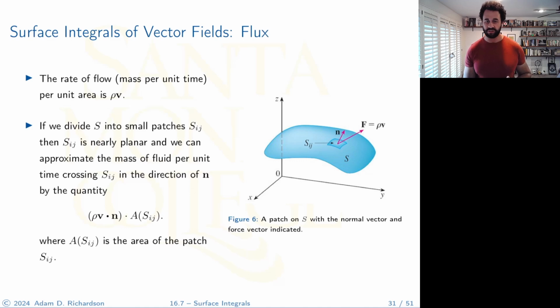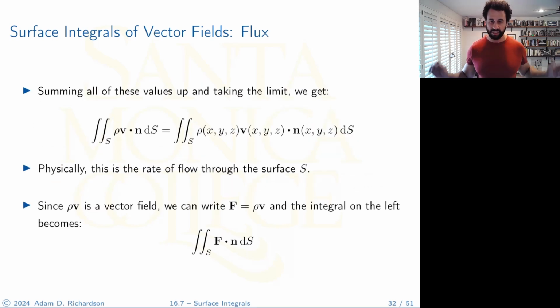Dotting it with the normal vector basically tells us how much of it is aligned with the normal vector. That dot product gives you that alignment measure. We want to measure how aligned that flow is to the normal vector, and we multiply by the area of the patch. Here we go. Summing up all of these values, taking the limit, making the partition more refined, and so on, you get this surface integral right here.